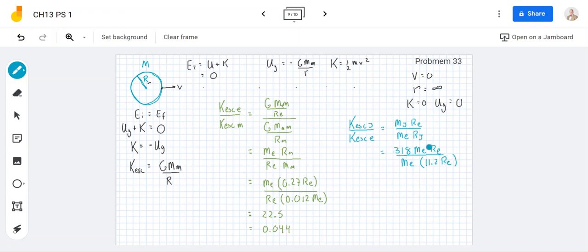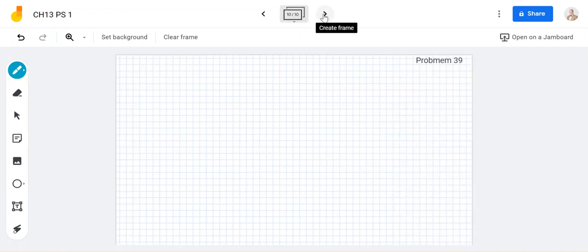So it's a lot more massive, and yes, it is a lot bigger, but the mass is much more significant in terms of increase than the radius. So if I divide here, it's 28.4 times. You need 28.4 times the energy to escape from Jupiter than you would to escape from Earth. All right, 39.